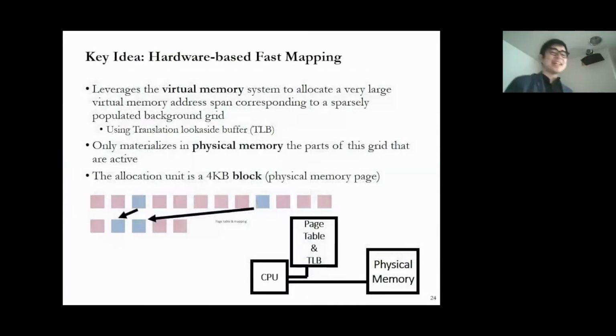So I want to present a few key ideas for how to achieve 1 billion voxel computation on a single workstation. Our basic idea is to take advantage of modern computer architecture. The first thing is we want to map from the real three-dimensional physical space to a virtual space in our computer architecture.